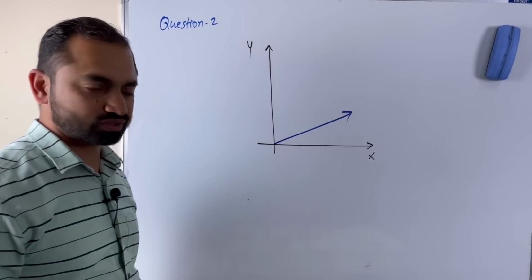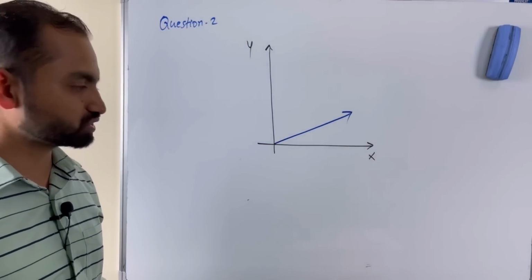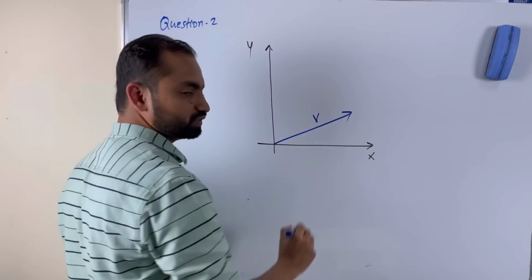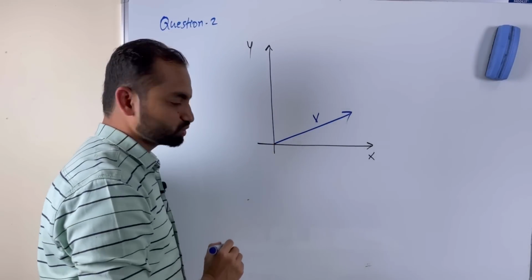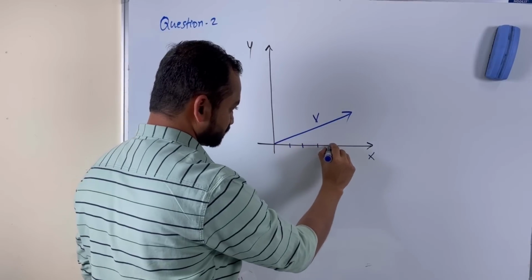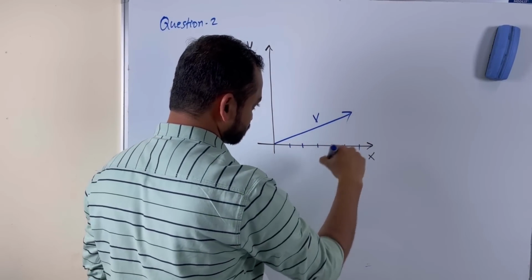This is a vector whose value is not given, so we will represent it by the letter V. The angle is also not given. What is given are the values of the Cartesian coordinates on the x and y axes.